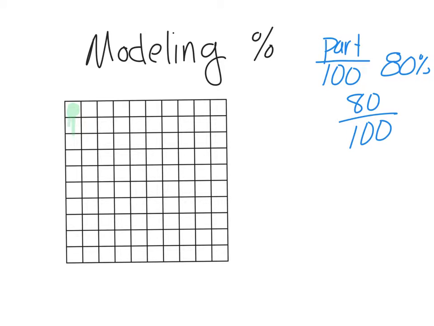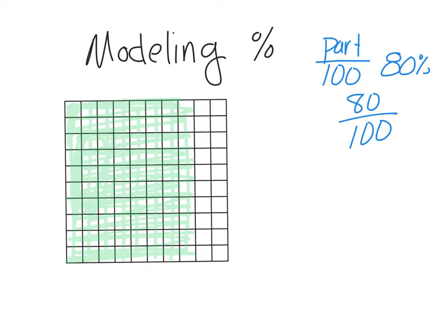So this would be, we'd go 10, 20, 30, 40, 50, 60, 70, 80. And we'd color the rest in, because that's showing 80% of 100. Or you can also think about this.